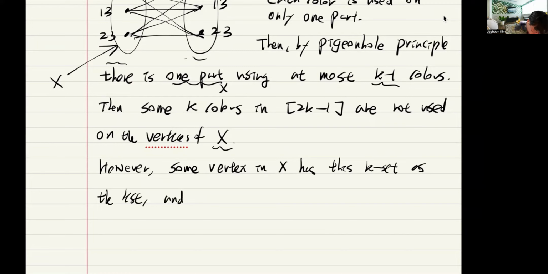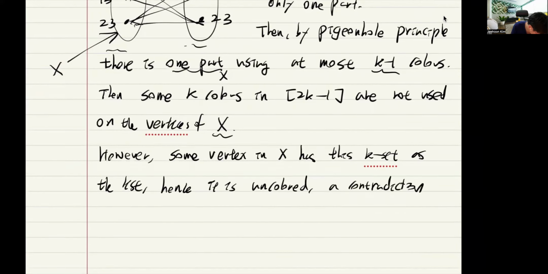But what does it mean? All these K colors are not used on X, but at this vertex, those K colors are the only available colors. Hence, it is uncolored. A contradiction.